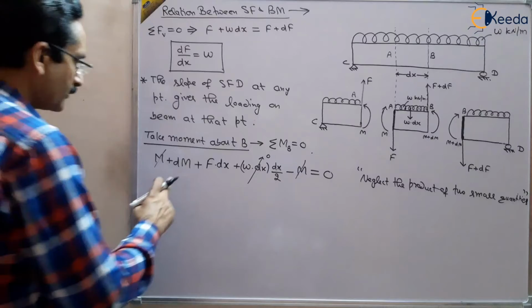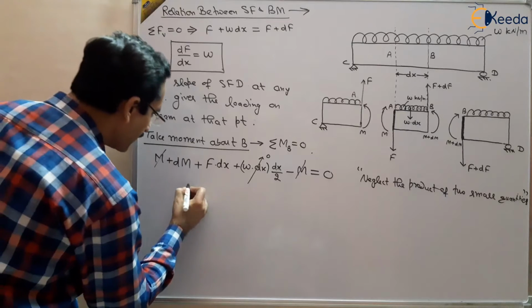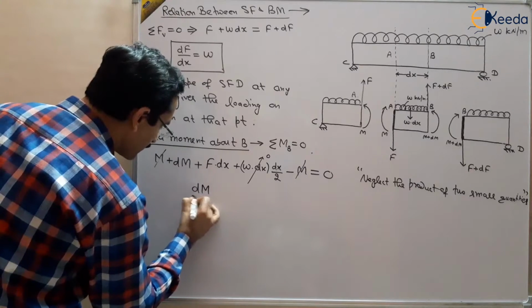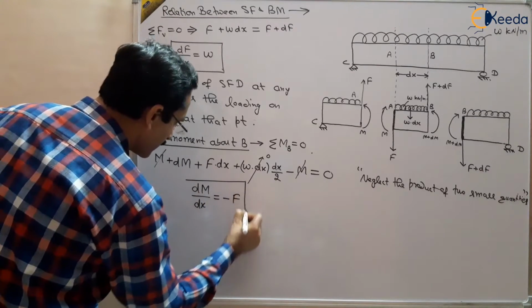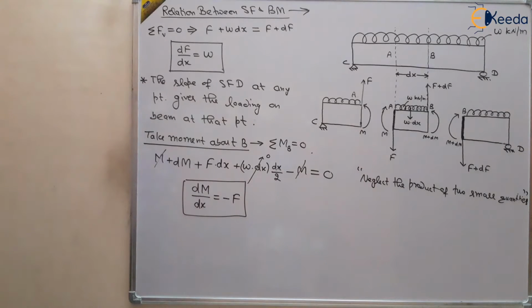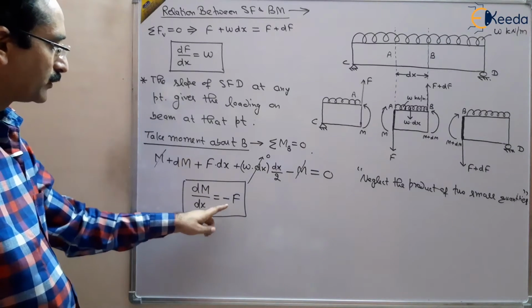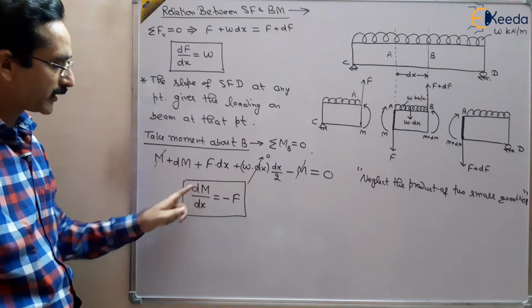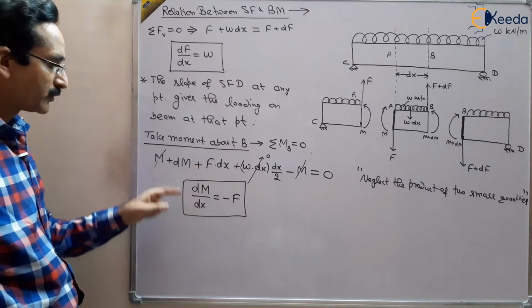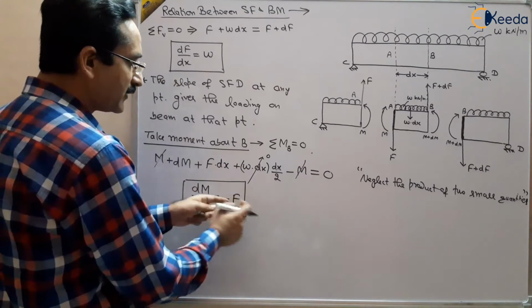So from here, what is the value of dM by dx? dM by dx will be equal to minus F, right? So from here you get the slope of the bending moment diagram equal to the negative of the shear force. So in magnitude, at any point, the slope of the bending moment diagram gives the shear force at that point.